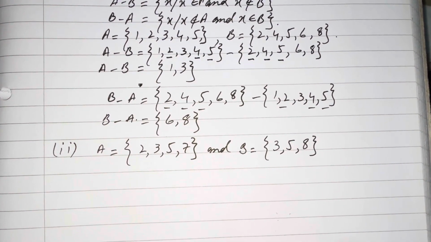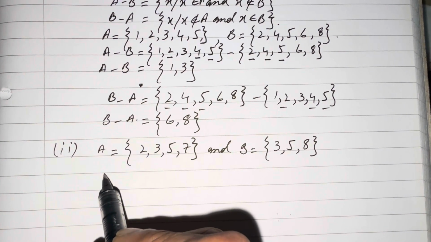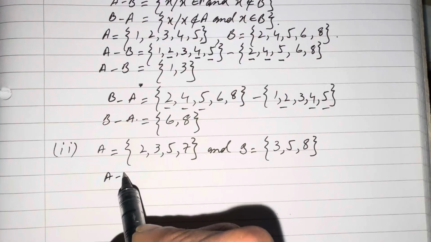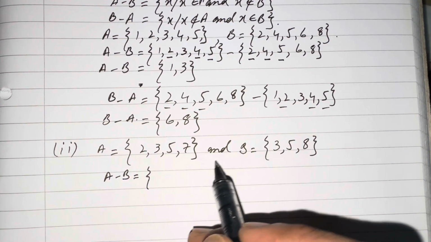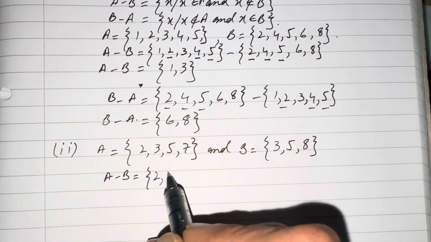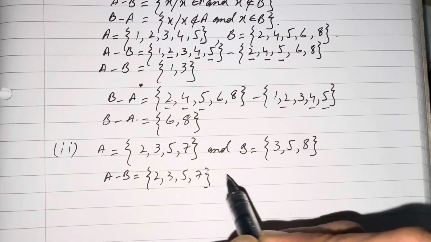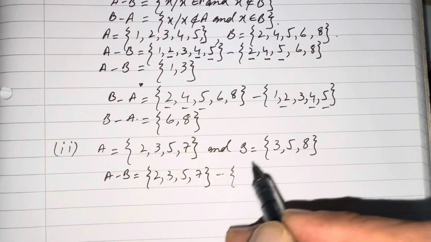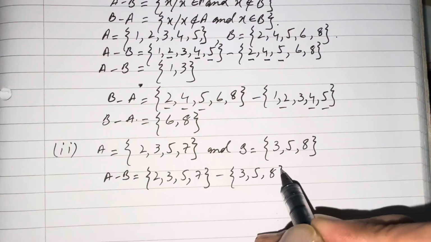If we find the difference between A and B, A minus B will be equal to 2, 3, 5, and 7 minus 3, 5, and 8.